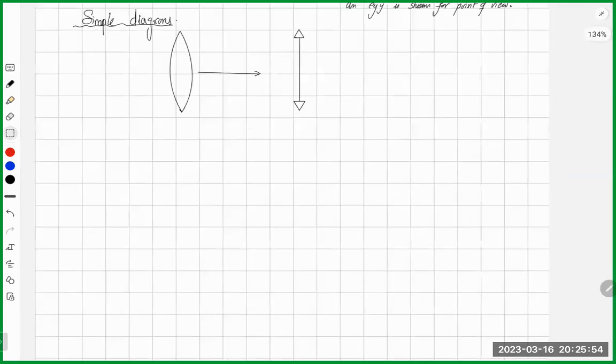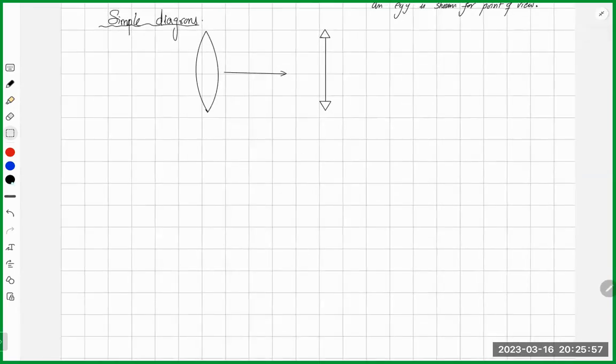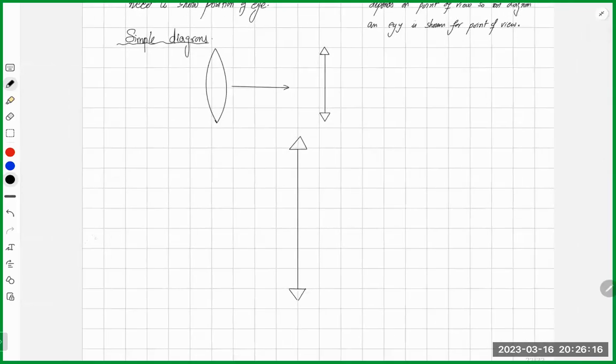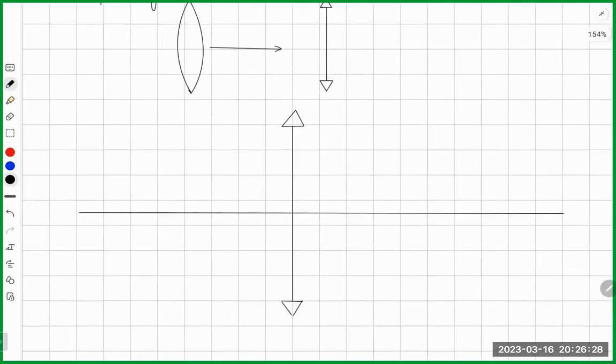Now, if we have a double convex lens like this, this will be the principal axis.